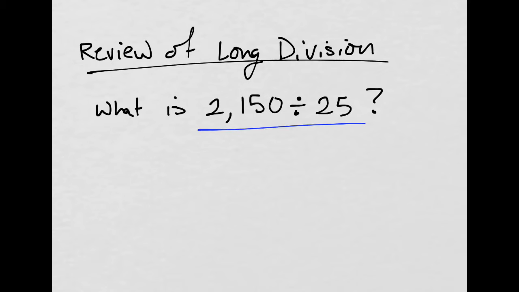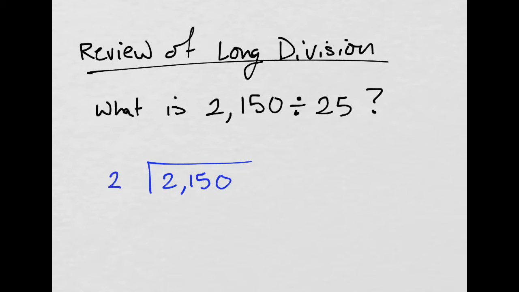Well, first, if it's written like this, you put the first number in a box. What's in a box? 2, 1, 5, 0. Okay, you're dividing that by 25. And then you look at the first digit, and it's too small.